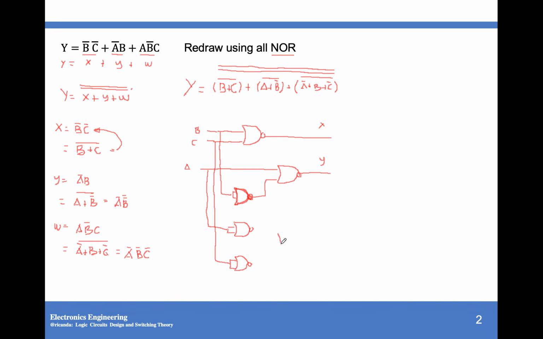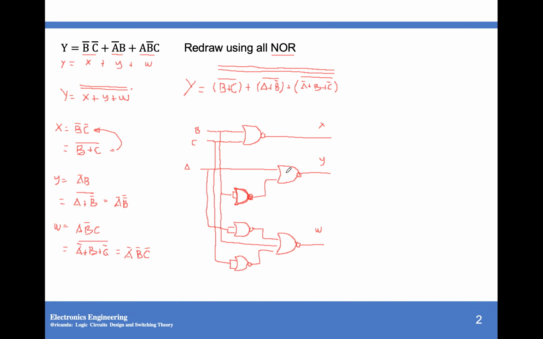So we have NOR. This is A bar, and we have your B, and we have your C bar. So this is your W.